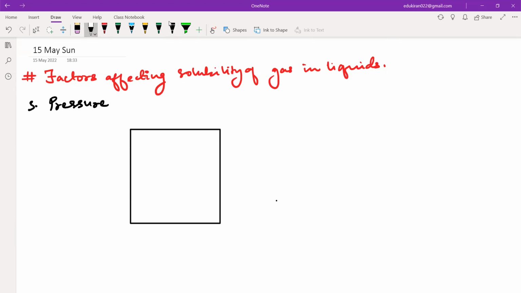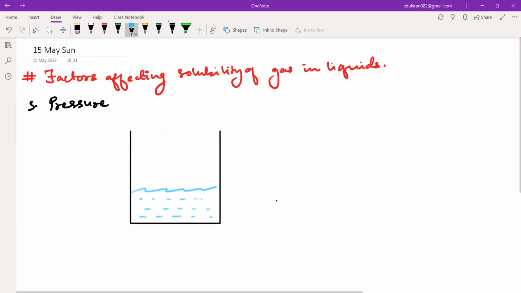So we have a beaker, and in here we have water. We have added some solute particles.